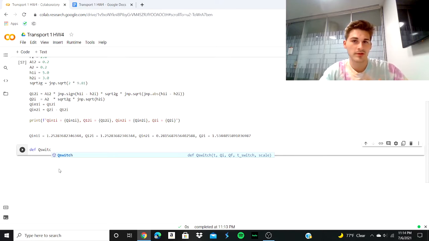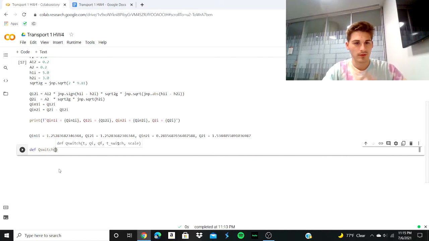function called qswitch, and it's going to take in a time, and then an initial value, and then a desired final value, and then we'll give it also a scale to use for the sigmoid function, and it will return to us the flow that's changed after a specific amount of time.